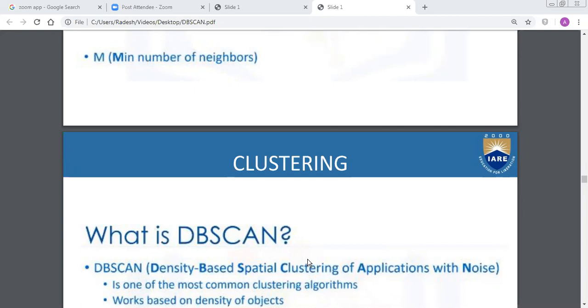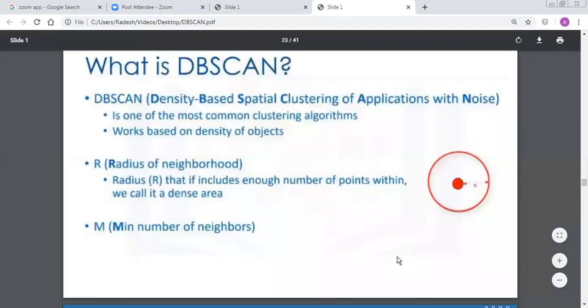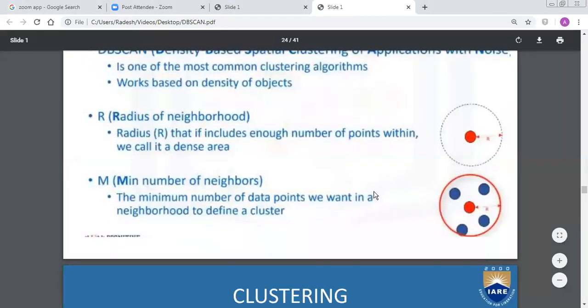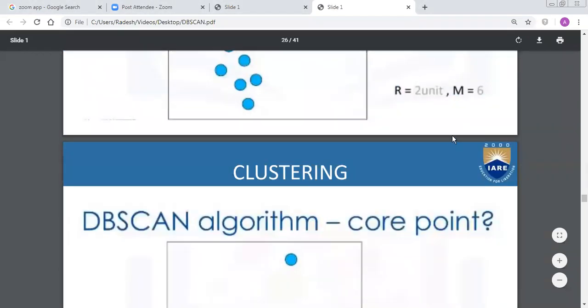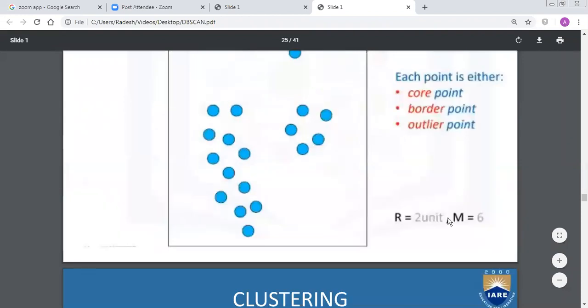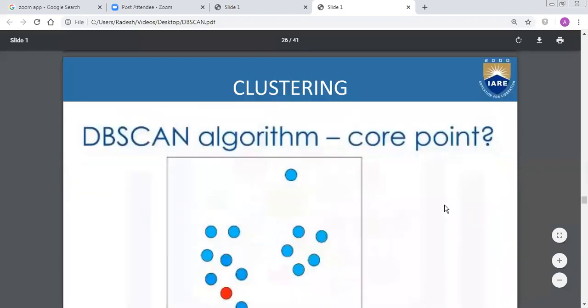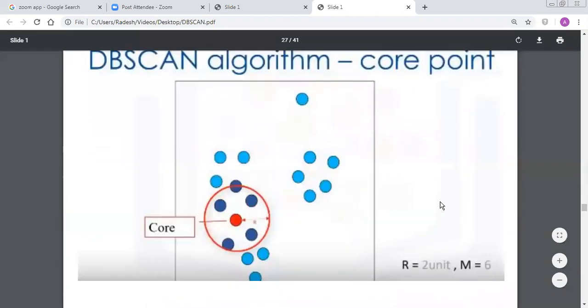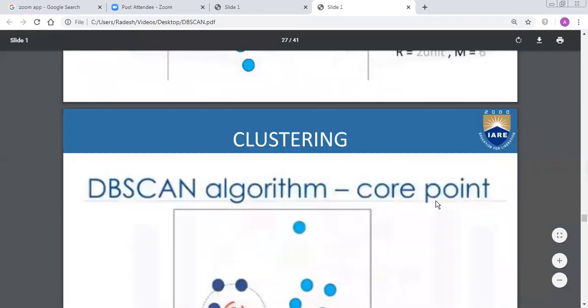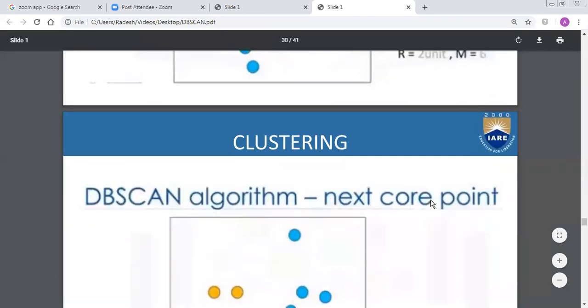Sir, in the above PPT, the min points should be 6, but there are only 5. This one, right? At the last, the third PPT? No, sir, the last one, the third one.